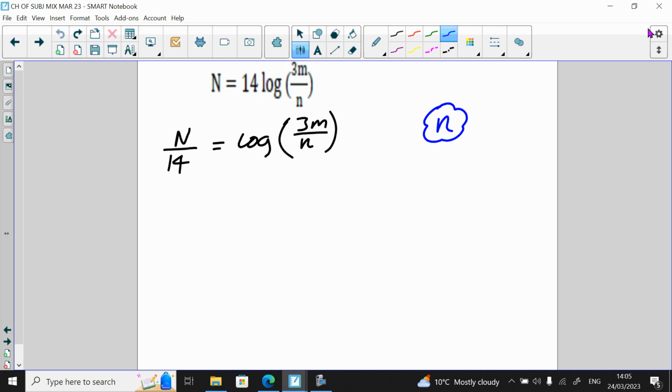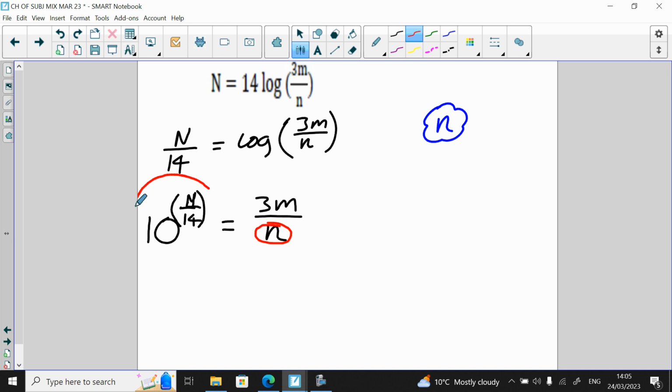Then I need to deal with a log. The opposite of log is 10 to the power of. I put that fraction in a bracket because it's 10 to the power of. That's fine. The subject, n, is on the bottom. So we've got a wee trick here when n is on the bottom. Everything on the other side, we can just do a straight swapsies.